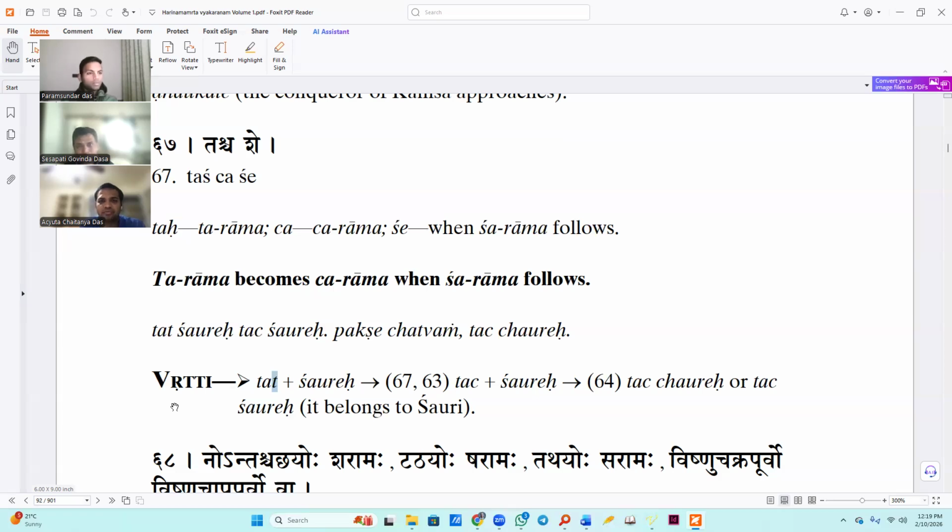Hari Gotrani. Okay, so is Harigotra blocking something? Will 61 be applied here or not? Tat Shaure.